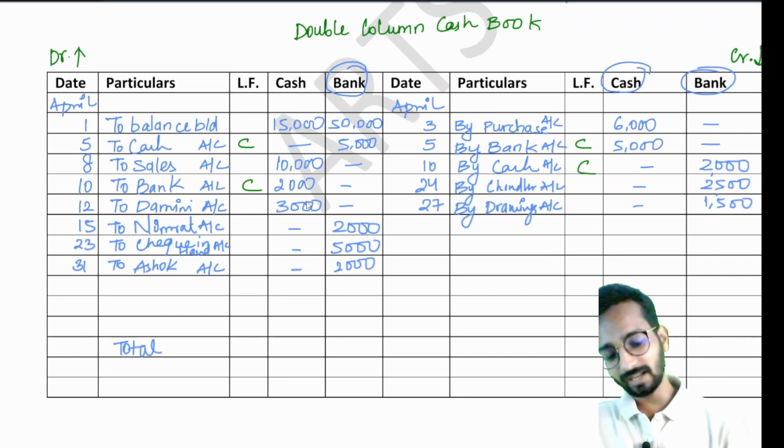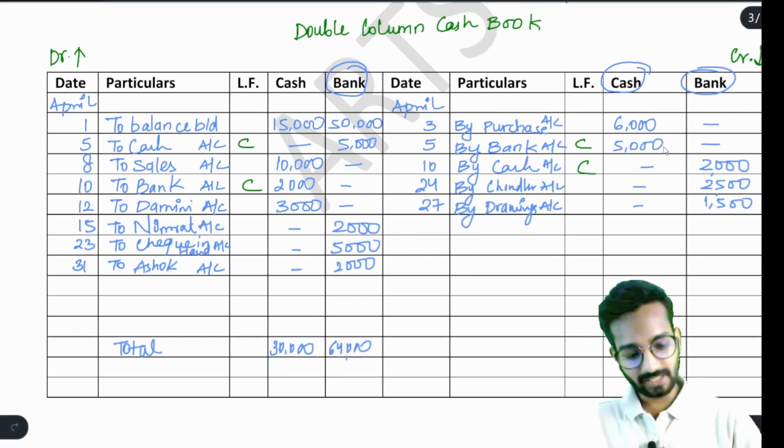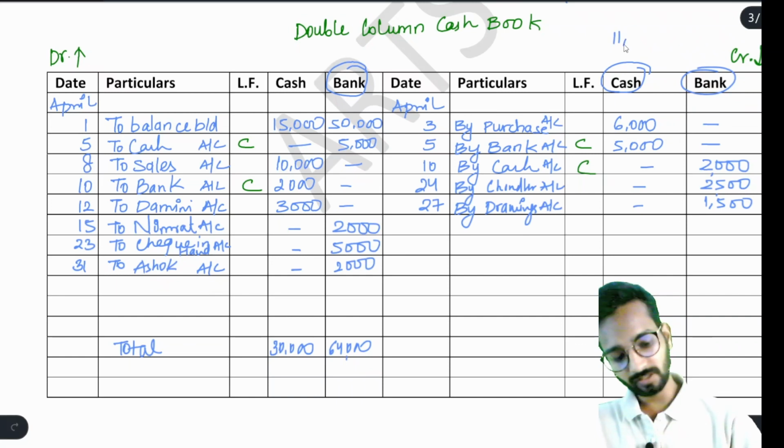The total balance of the debit side of cash column will be 15 plus 10, 25, 25 and 5 will be 30,000. On this side 50 plus 5, 55, 60 and 64,000. This side 6 plus 5, how much? 11,000. And this side 2 plus 2, 4, 5 and 6,000.